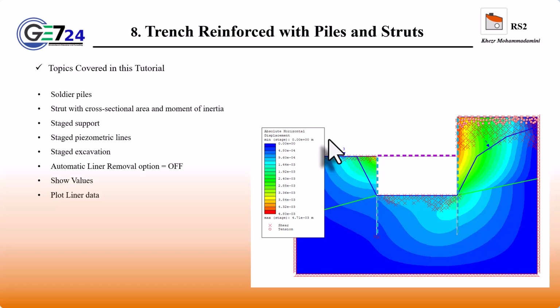Stage piezometer line, also stage excavation, automatic line removal options for the groundwater stage piezometer, and show value plot line data, and also all of the details related to the design, like displacement, shear strain, and also movement, velocity, plastic zone yielding, and also all of the results.